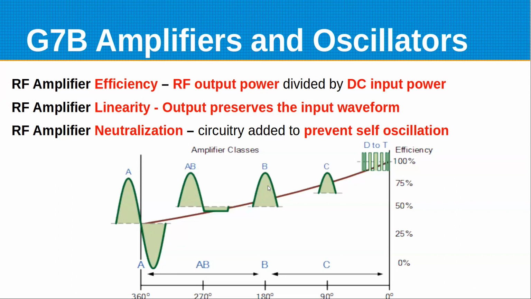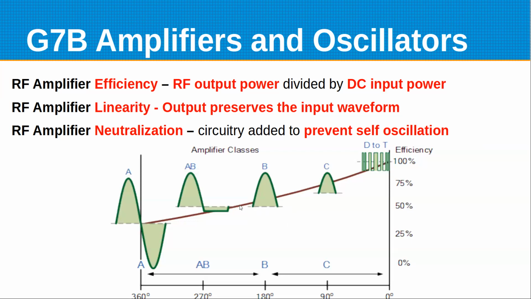They came up with the class B, and they operate those normally in a push-pull fashion, so it requires two transistors or tubes, and they amplify half cycles like the full wave rectifier.